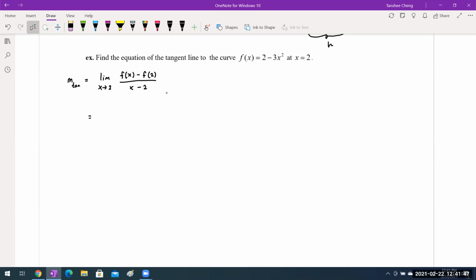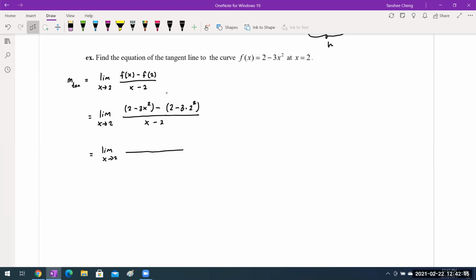When we start computing it, f of x is the same as before, which is 2 minus 3x to the second power, minus f of 2, evaluating it, so 2 minus 3 times 2 squared, all over x minus 2. So what we want to do is simplify this.